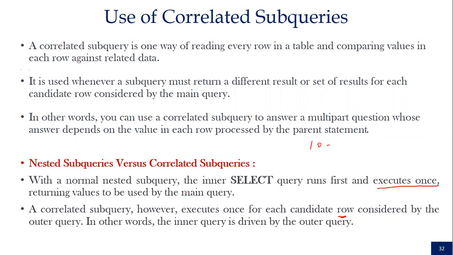In the nested subquery, the inner query executes only once, first, and the result provided by the inner query is directly utilized by the main query. In the correlated query, the inner query executes once for every row in the outer query. For every row, values are considered in the inner query for the execution. Is that okay? So that is the basic difference.